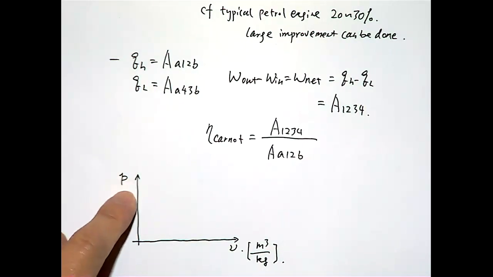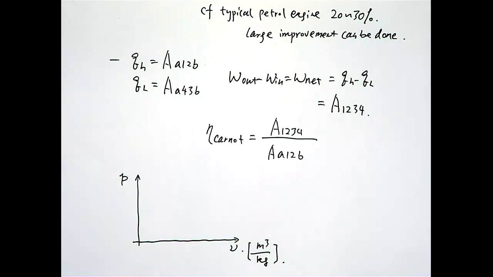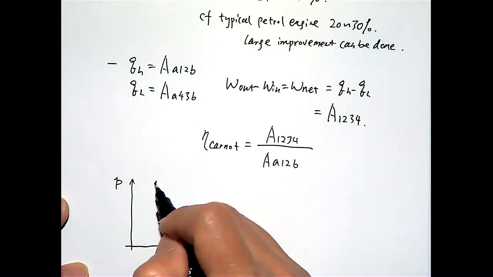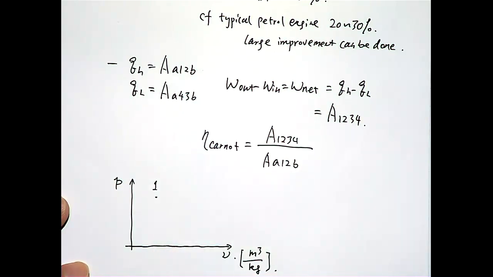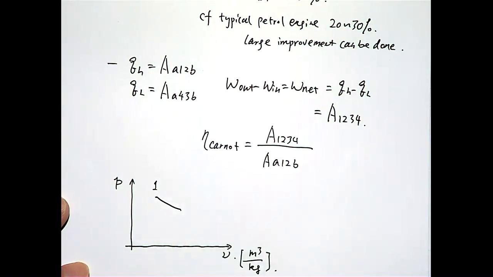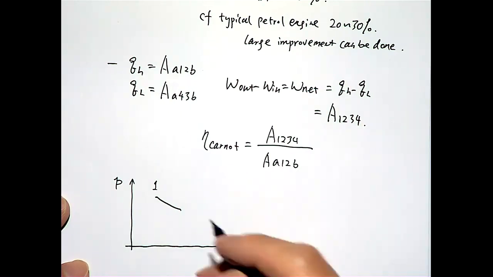So in this case, we can also draw the Carnot cycle, and draw any cycle if we want. Let's say we're starting from state 1. It's an isothermal heat addition. In this process, we'll have a curve. It's not a straight line anymore, because neither pressure nor volume is constant in this case.